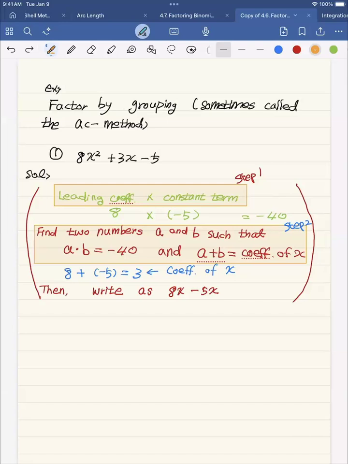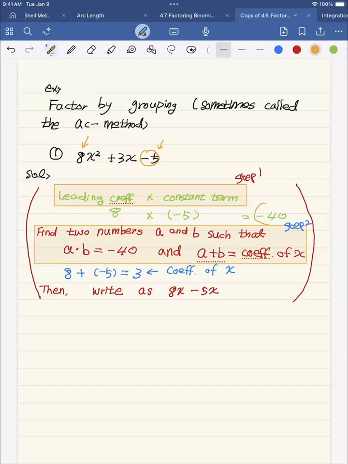In the next example, we will learn about another way to factor the polynomial. I personally think the previous method is the easiest method to factor the polynomial, but we want to learn about factor by grouping. When we employ factor by grouping, we have to consider multiplication between the leading coefficient and the constant term, which is negative 5.